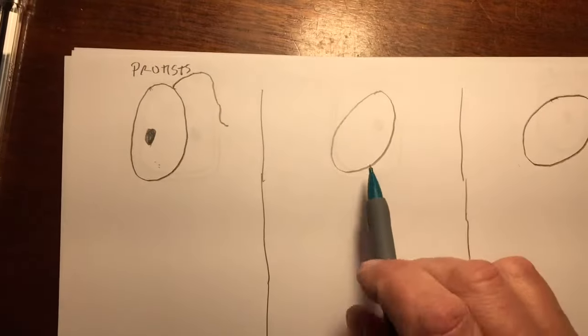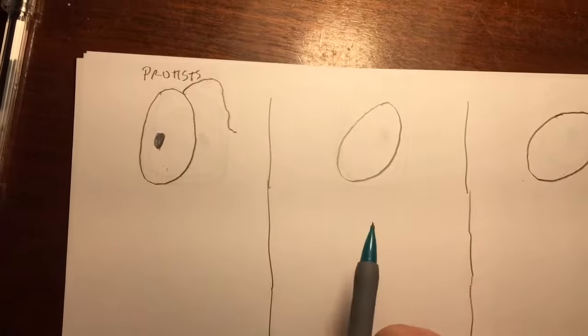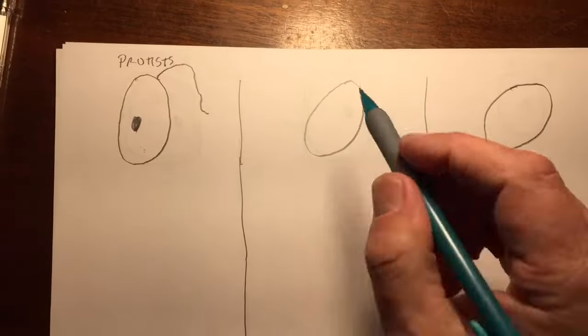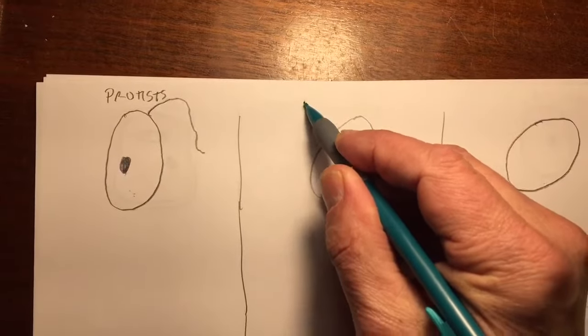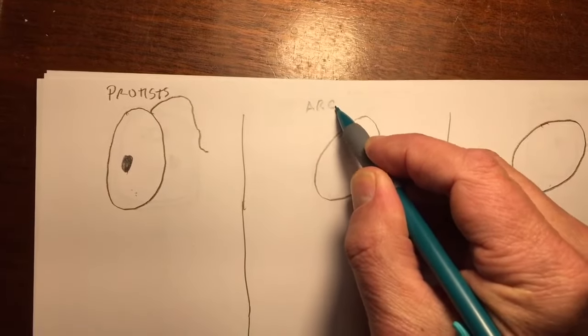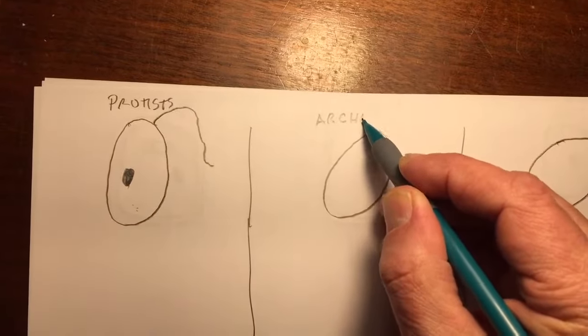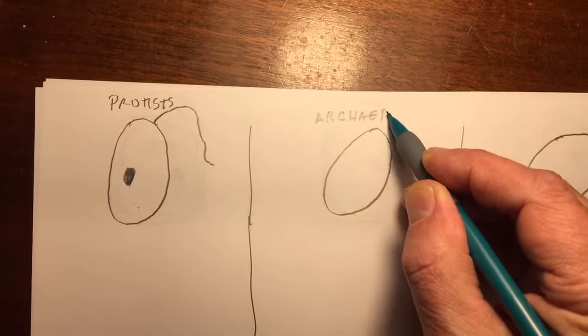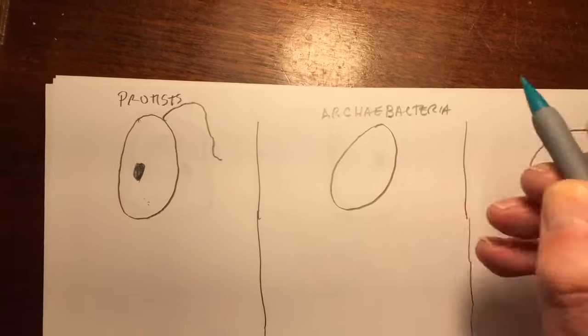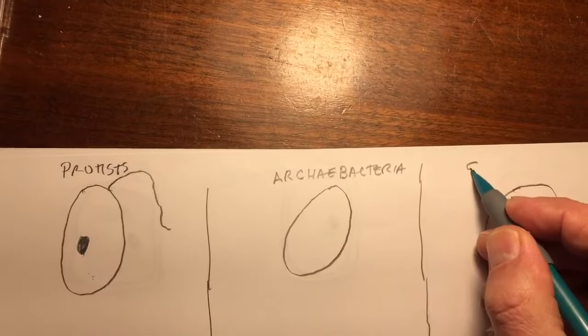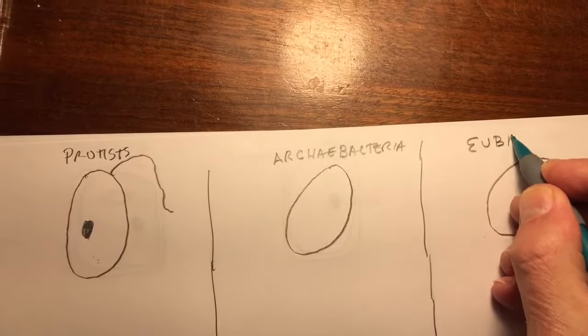And we're going to find that there's 2 kinds of organisms that don't have a nucleus. This one's called Archaebacteria. And then this one's called Eubacteria.